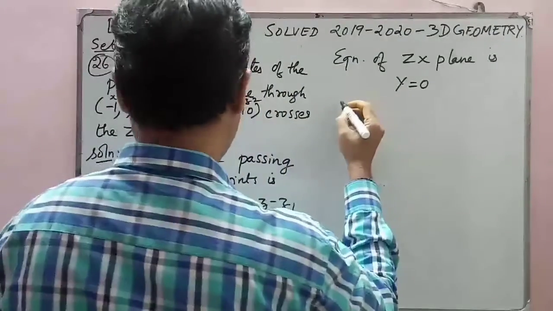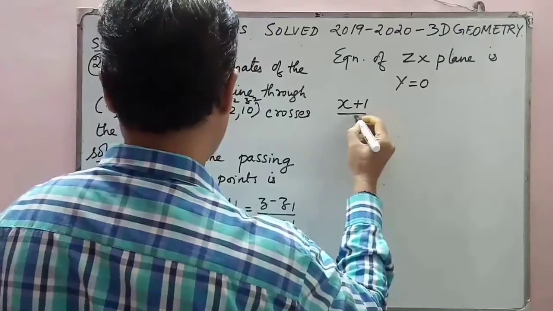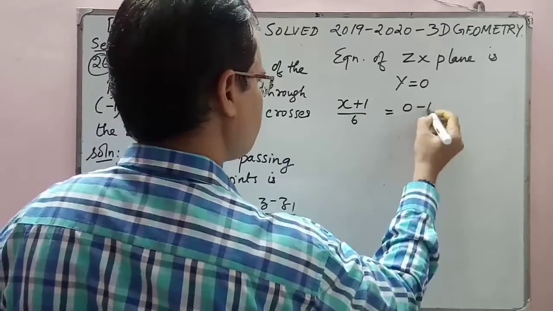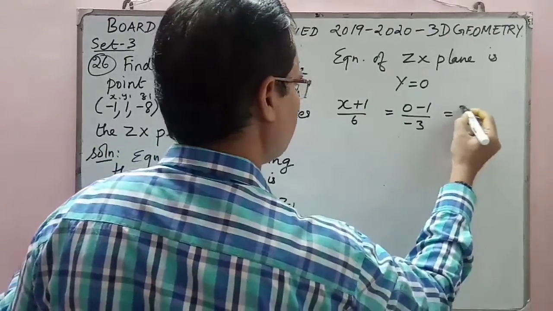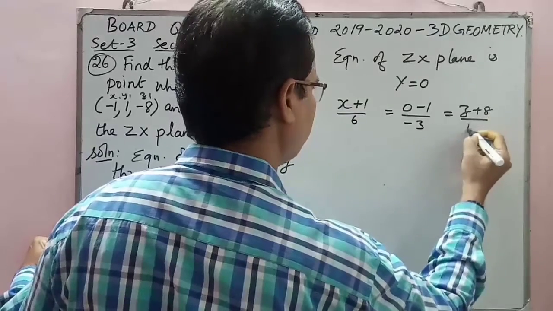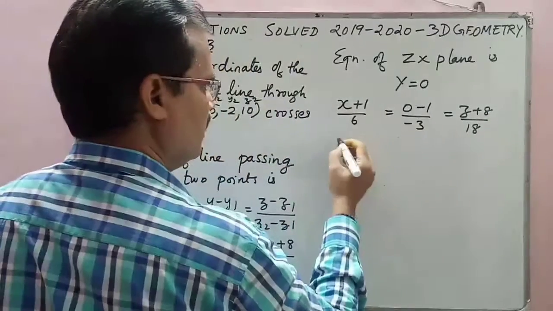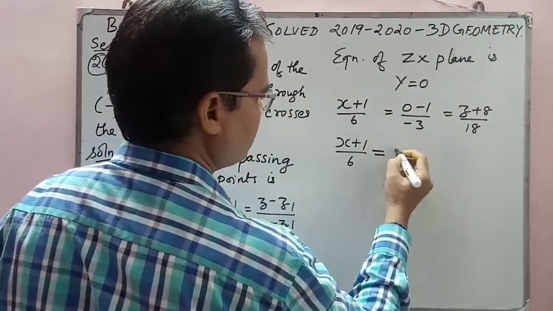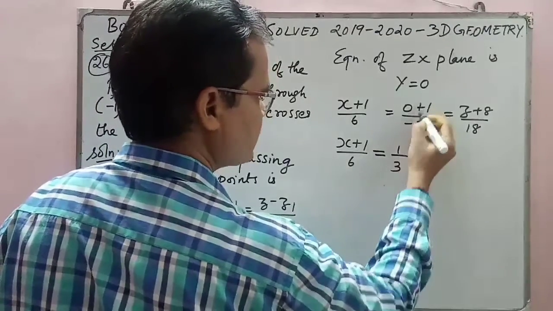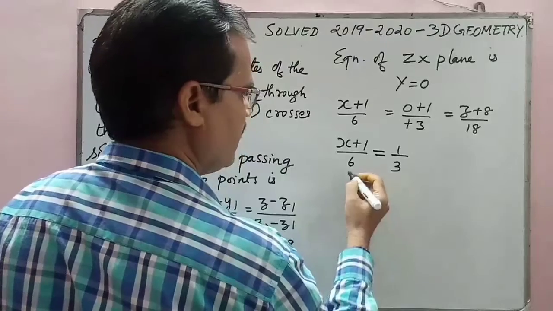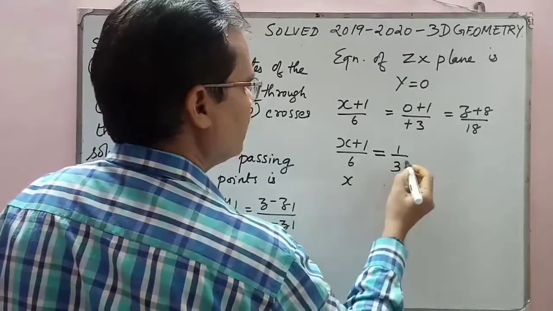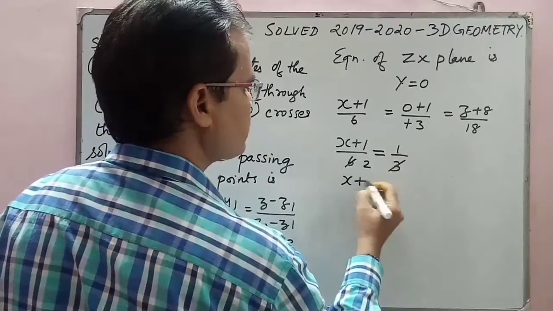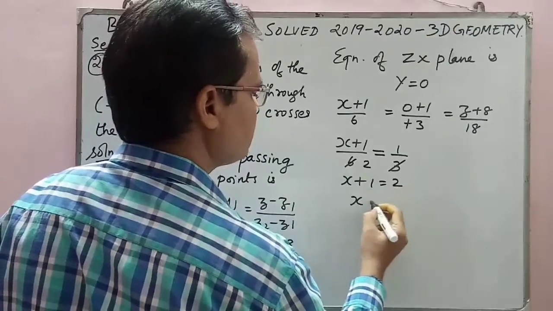Now let us substitute the point here. The y equal to 0. We have x plus 1 by 6, 0 minus 1 by minus 3 equals z plus 8 by 18. Now we'll take the first two. X plus 1 by 6 is equal to 1 by 3. I am cancelling these negative signs. Now 2 times, so x plus 1 equals 2, x equals 1.